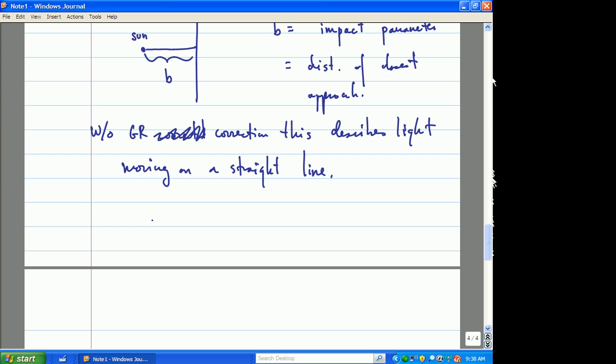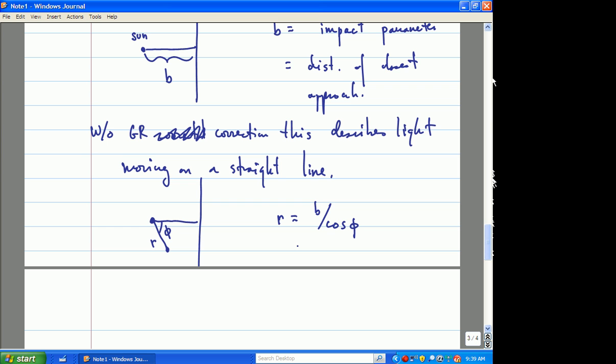So if this is the sun, then phi here is the angular coordinate, and r is the radial coordinate. So our equation of motion, r equals b over cosine phi, describes a light ray that is at r equals infinity when phi is equal to minus pi over 2.